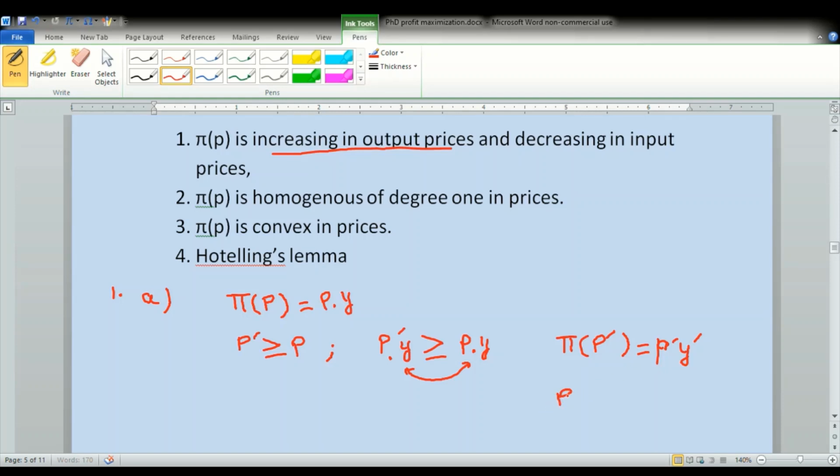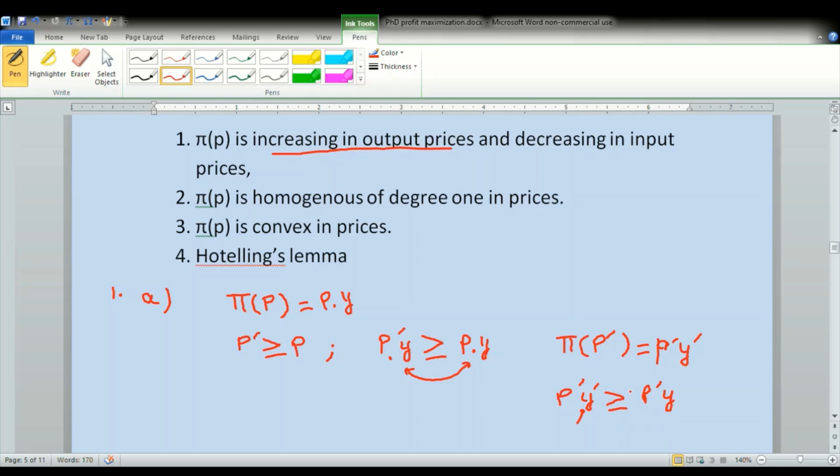So this means that P dash y dash, when you are producing y dash, your profit must be greater than or equal to P dash y, because at P dash, y is not the profit maximizing netput vector. y dash rather is the profit maximizing netput vector. So we have P dash dot y dash greater than or equal to P dash y.